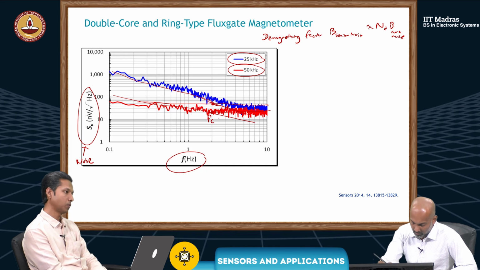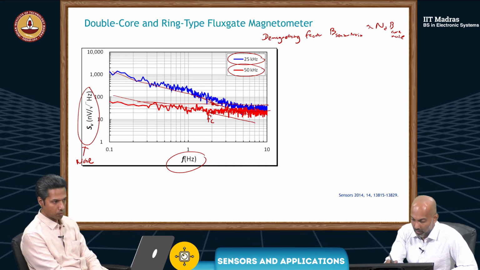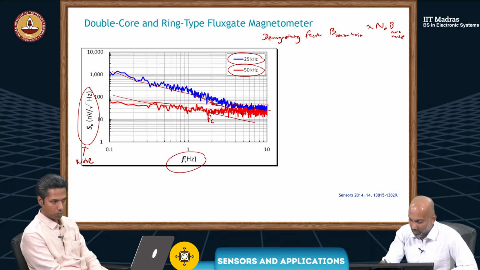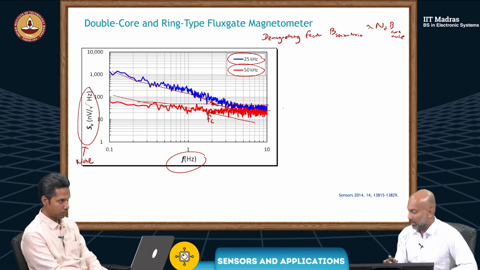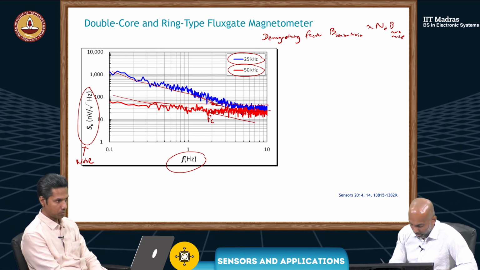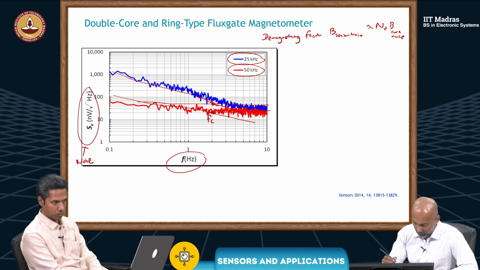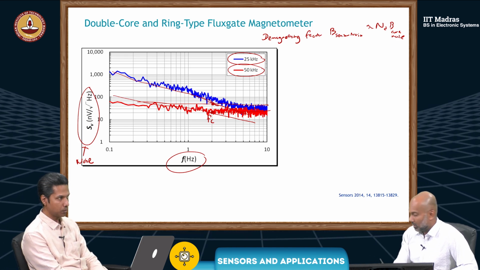Now here, we have a certain frequency where this slope becomes straight, and this is our lowest frequency of interest.